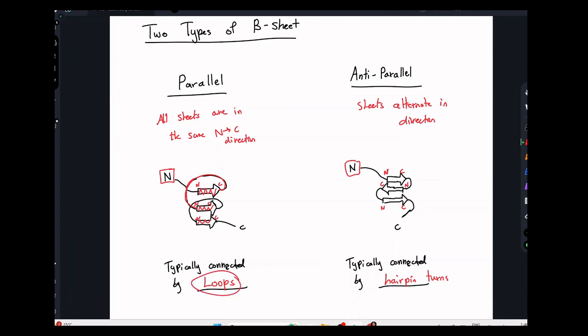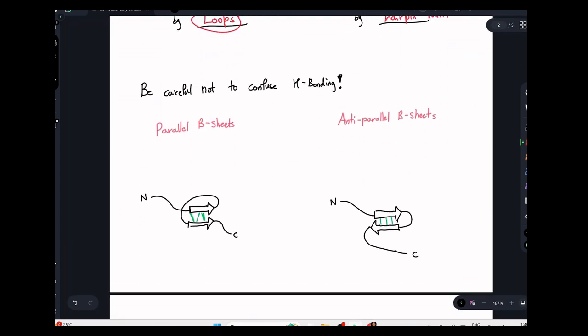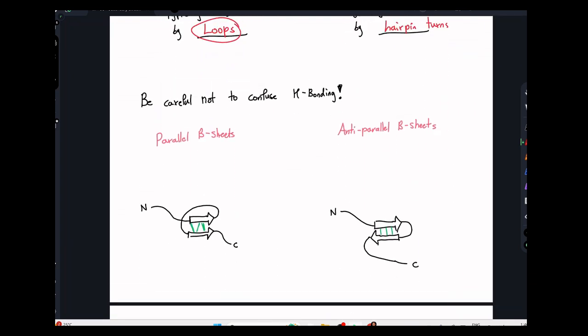Now, there's one important thing, right? We've talked about parallel and anti-parallel in regards to the directions of the protein sequence, but be careful not to confuse that with the direction of H bonding. With parallel beta sheets, where they're going in the same direction, you actually have slanted H bonds.